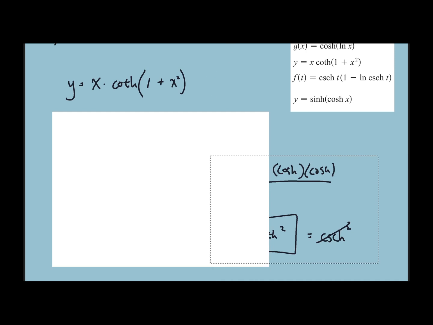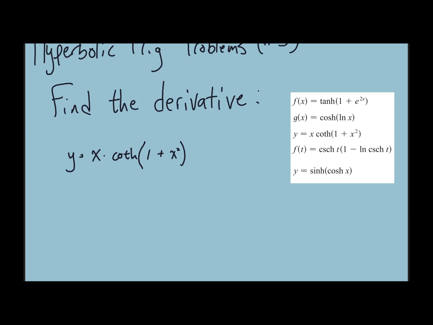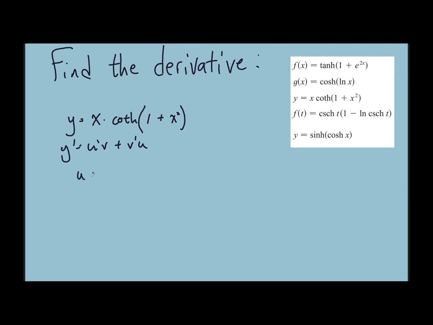I can remember that. And what we have here is a product rule, right? u prime v plus v prime u. That's what y prime is going to be. So what are our u's and v's? u is x, so du, or u prime, is 1.